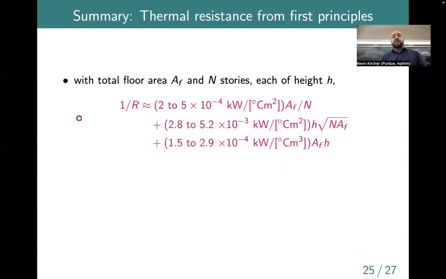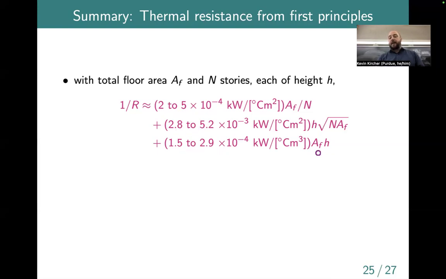Okay, so to summarize all of that, I took that stuff and plugged in plausible values for each of the physical constants that shows up. And we get a way to estimate the overall thermal resistance, or actually here to estimate its reciprocal 1 over R. So you can plug in these numerical ranges. You could imagine calling MATLAB or Python code where you would call a random number generator, and you might pull from each of these ranges.